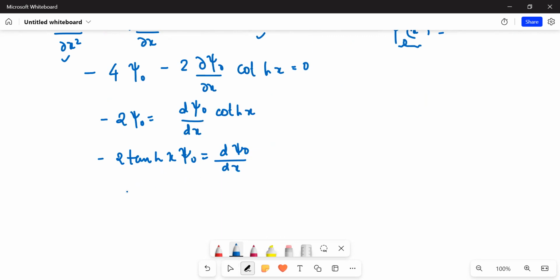So basically d psi naught upon psi naught is equal to minus 2 tan hyperbolic x dx, integration.